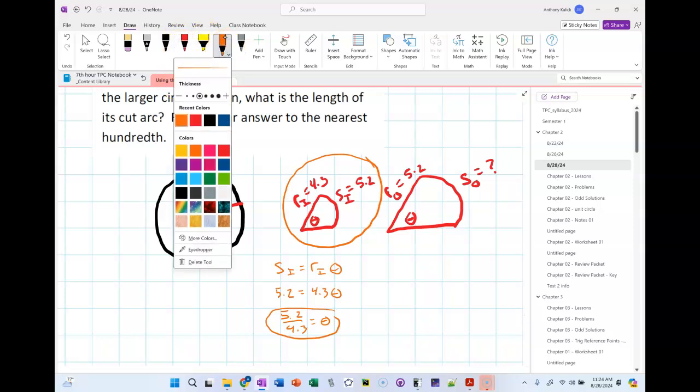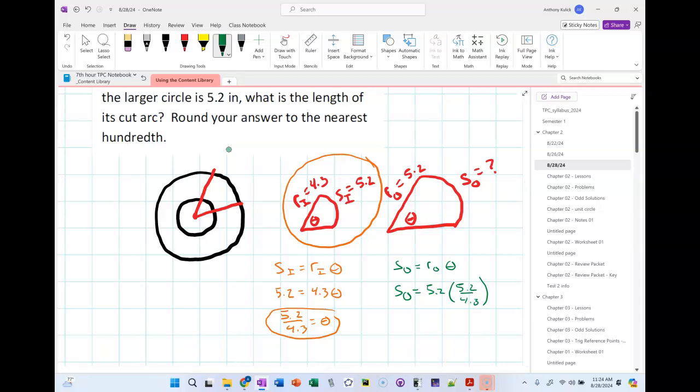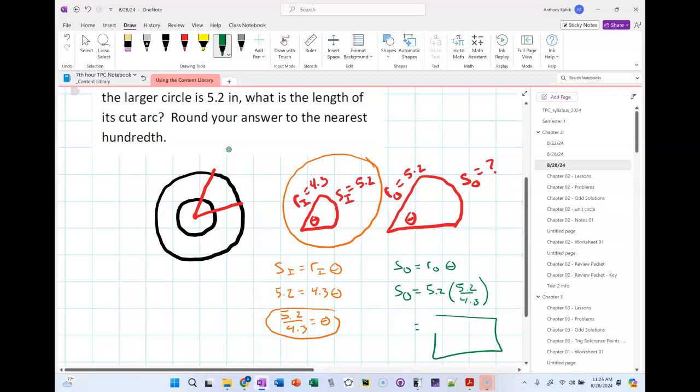And then if I take that theta, I can plug it in here and use that to solve for the arc. And whatever you type that through in your calculator is going to be your answer. I'm going to omit that piece, though.